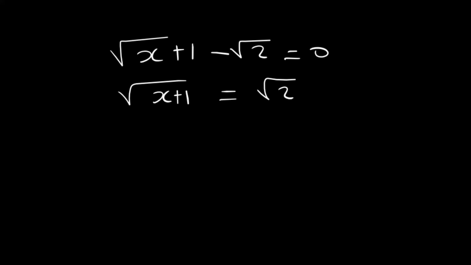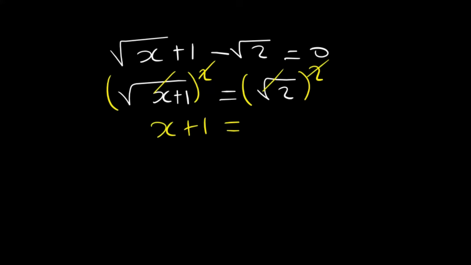Then I'm going to square both sides. The square and the root are going to cancel, x plus 1. The square and the root are going to cancel, I'm going to have 2. Therefore x plus 1 is equal to 2. When 1 goes to the other side, it becomes negative. So x will be equal to 2 minus 1, that is 1.